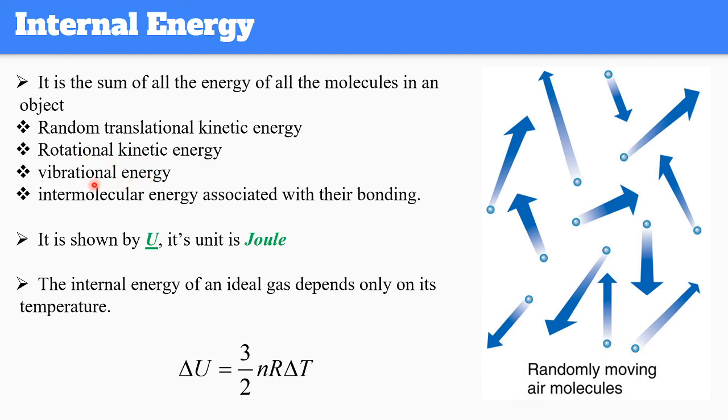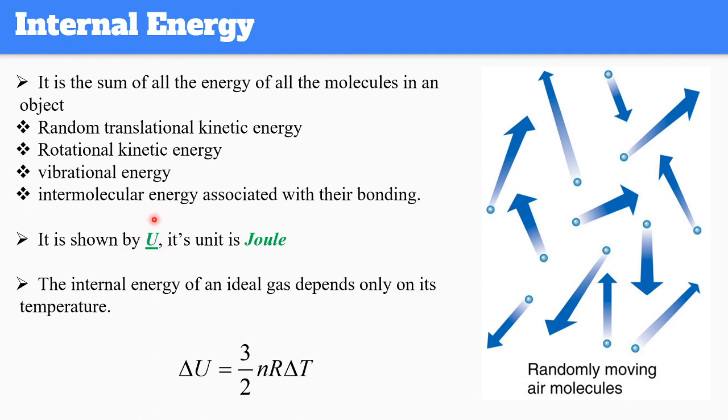And they also vibrate, so they also go back and forth, so they also have that vibrational energy. Plus, the last form is intermolecular energy associated with their bonding. Because of the bonding, they also have some energy putting them together. So all of those four forms of energy added together is going to be the total energy of the object, and it is basically known as internal energy.